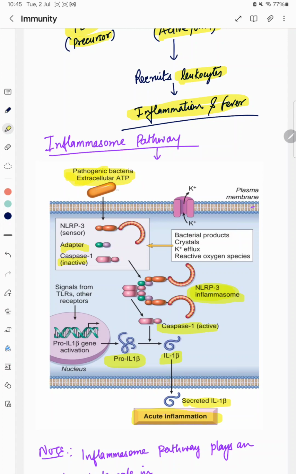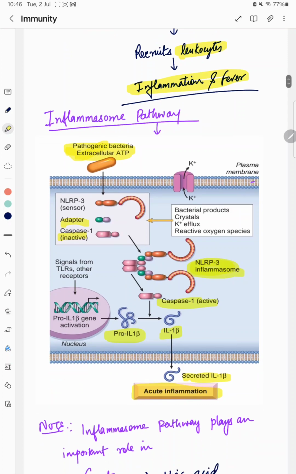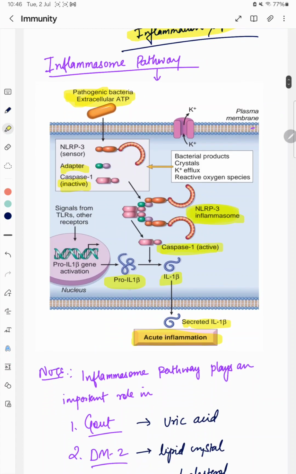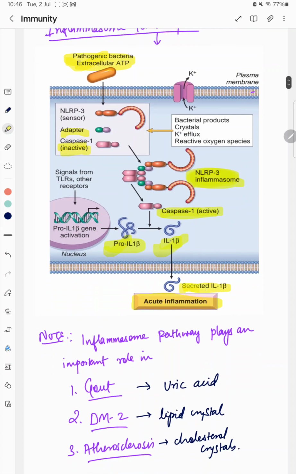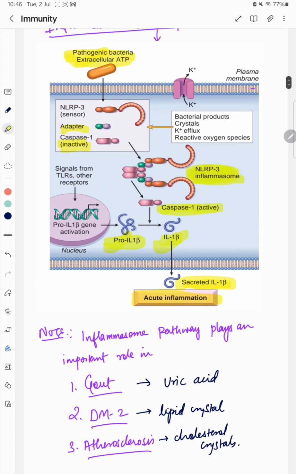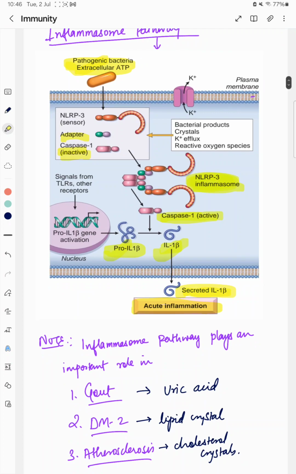Pathogenic bacteria and ATP result in the stimulation of NOD-like receptors, which further stimulate the assembly of the inflammasome, which converts inactive caspase into active caspase-1, which further converts pro-interleukin-1 into interleukin-1, the active form, and interleukin-1 results in inflammation by recruiting leukocytes.